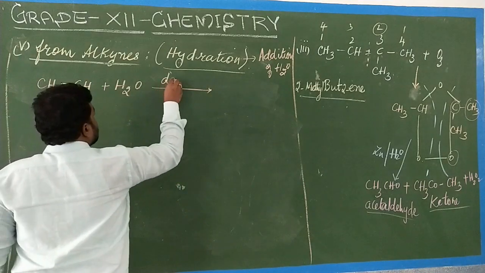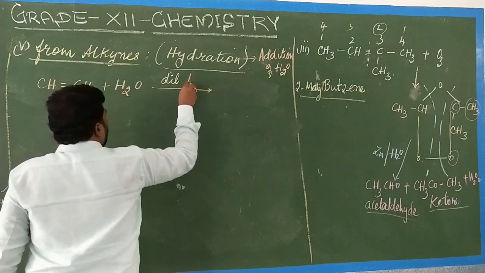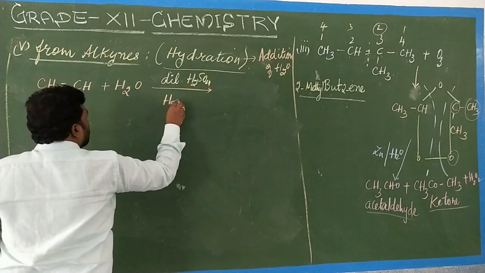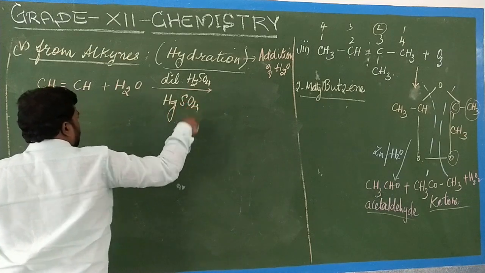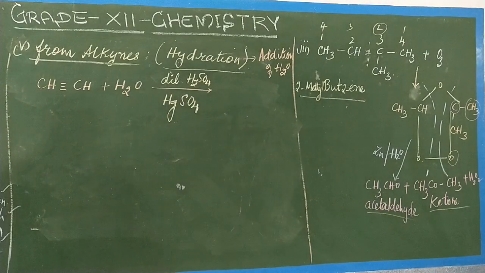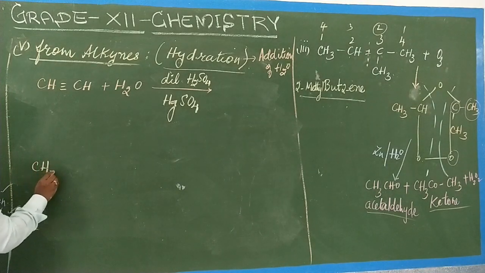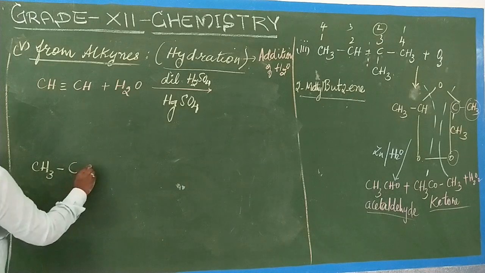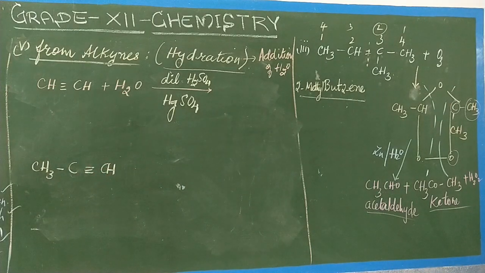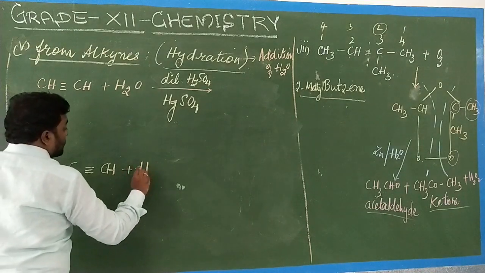Hydrating mixture is dilute sulfuric acid mixed with mercuric sulfate. And similarly one more example we will take, that is CH3C triple bond CH, on treatment with water.